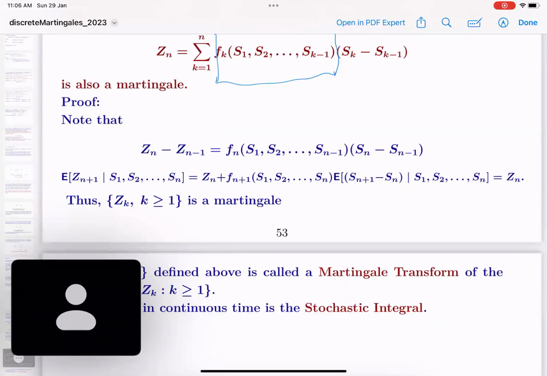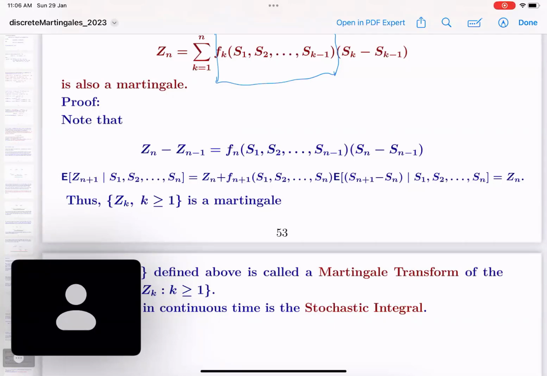If you have observed up to time n, the conditional expected reward at the next time is equal to what you have at time n plus this expectation, this being a constant, a function of S1, S2, ..., Sn.